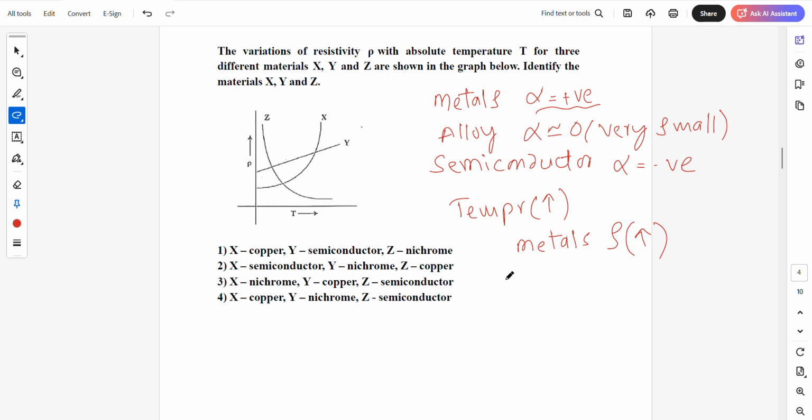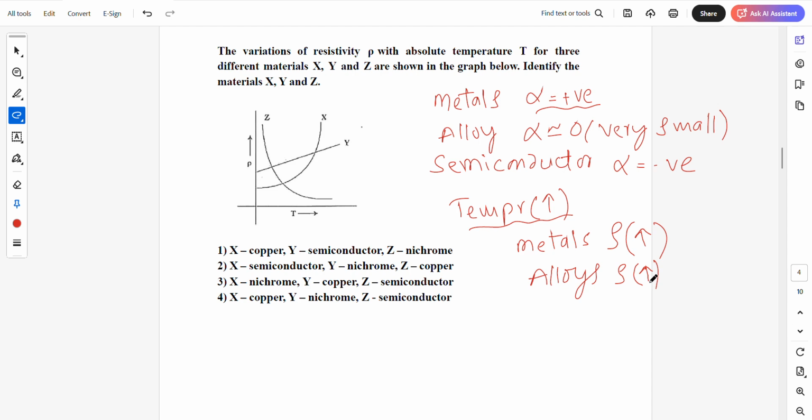In case of alloys, when temperature increases, resistivity increases but in a very slow manner, almost linear.